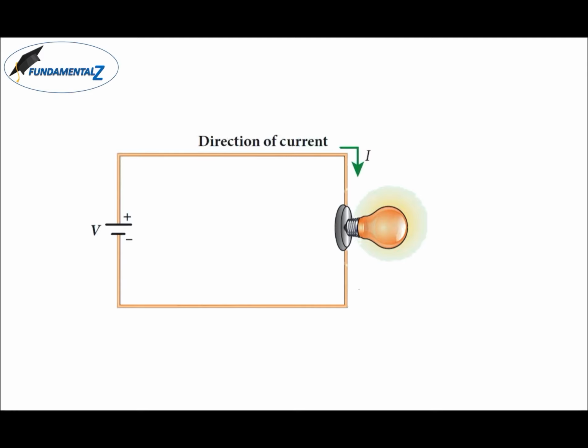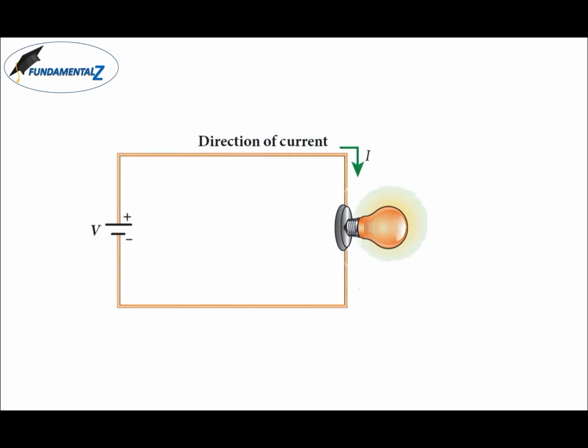So the current flows from the positive end of the battery. It goes through the light bulb, makes it light up, and then it ends back into the negative end of the battery. So we have seen that the current is flowing from the positive to the negative end. But what did we define current as?